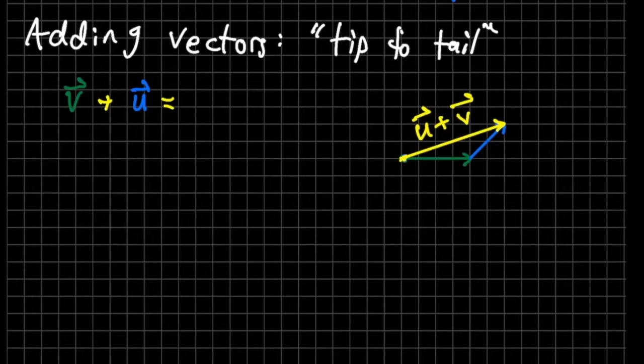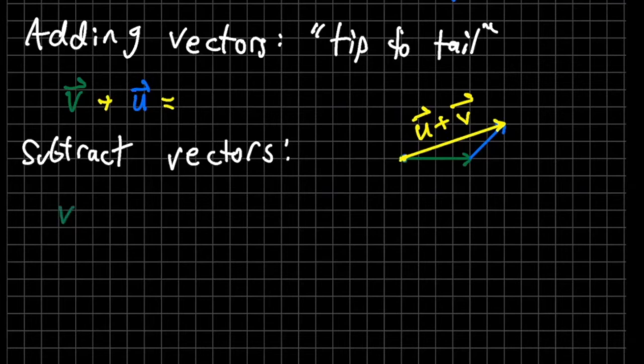When we subtract vectors, we are just adding the opposite of one of the vectors. So if we, for example, were to take our two vectors, v, and we wanted to subtract u, so again, v is just to the right 4.